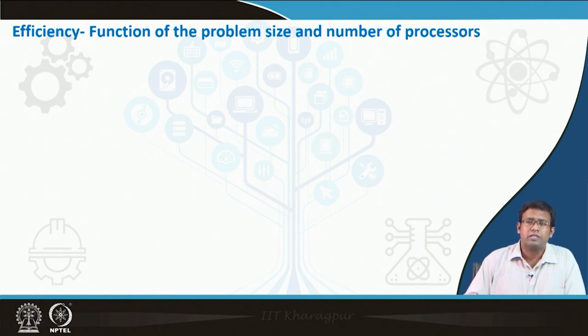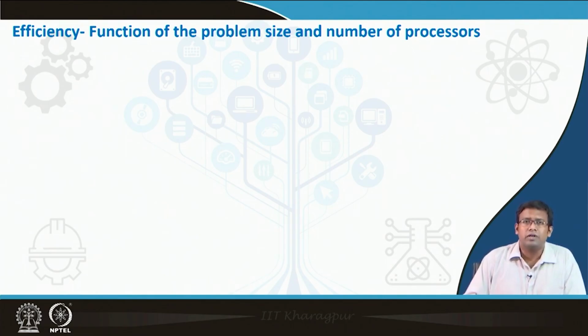We call that efficiency equal to 1, but efficiency cannot be 1 because there are overheads, and as we increase the number of processors, there is more interaction between the processors. In distributed memory systems and shared memory systems, there are more race conditions, more false sharing, and cache coherency protocols are required, and therefore there will be certain overhead. Also there will be some overhead due to improper load balancing, and efficiency will fall.